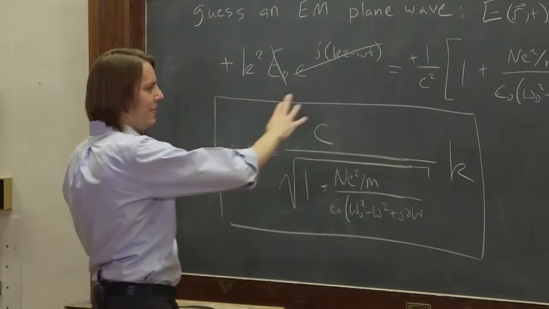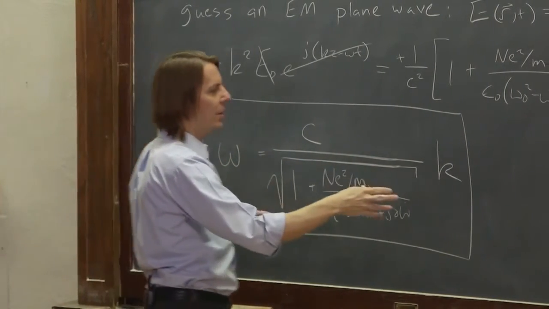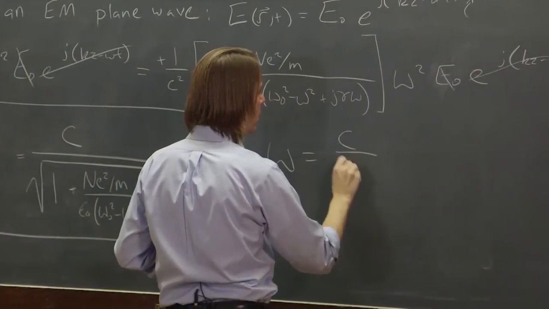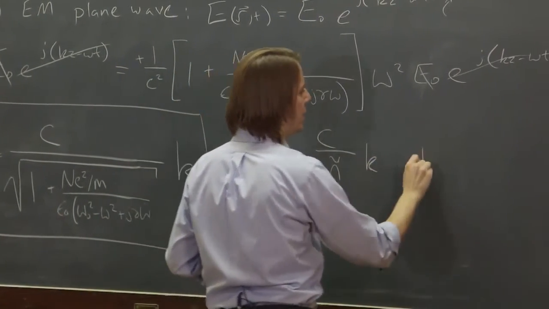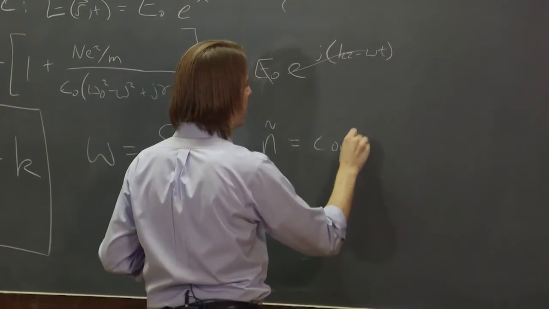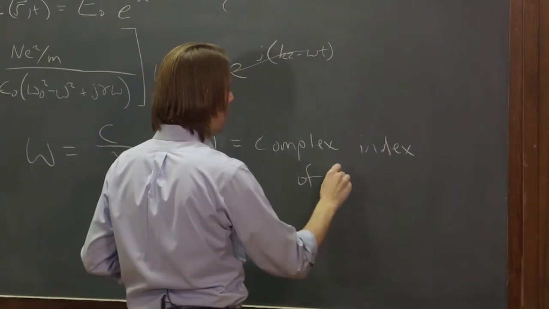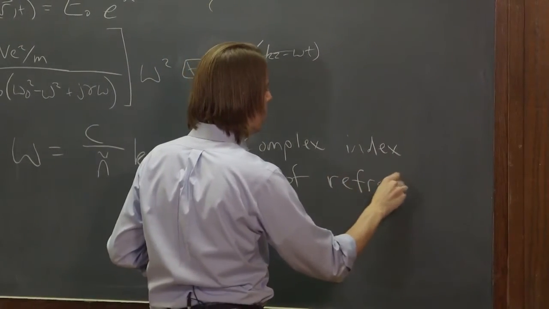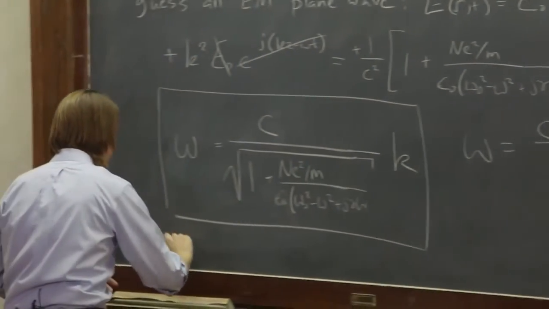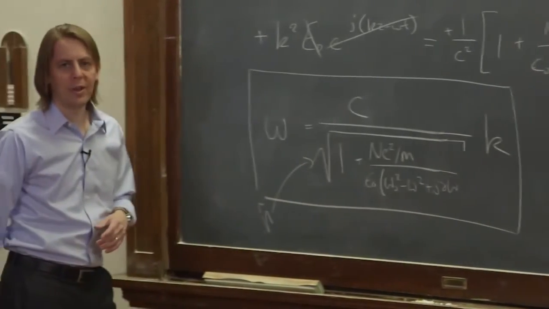Now we have it in a form where it's usually written ω equals c over something times k, and that something is the complex index of refraction. And it's equal to this thing under the square root, right? So n tilde, tilde means it's a complex number, equals that thing.